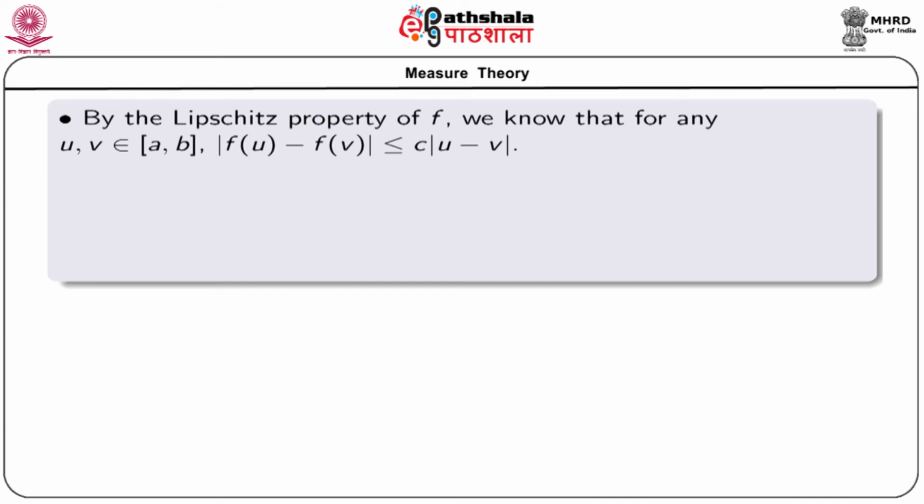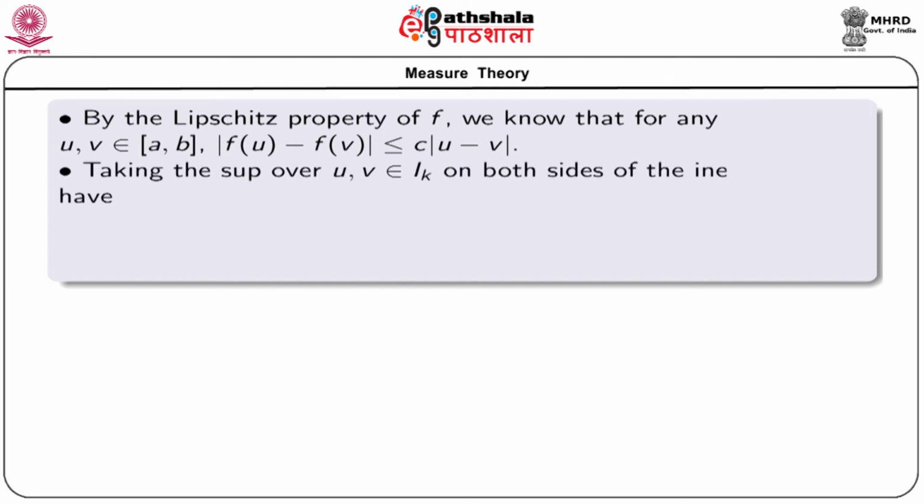Now, by the Lipschitz property of f, we already know that for any 2 points u, v of the closed interval a b, we have mod f u minus f v is less or equal to mod u minus v into c.